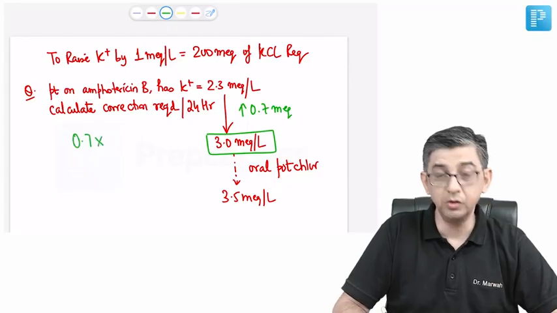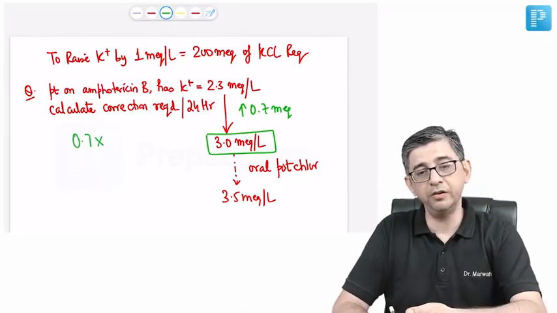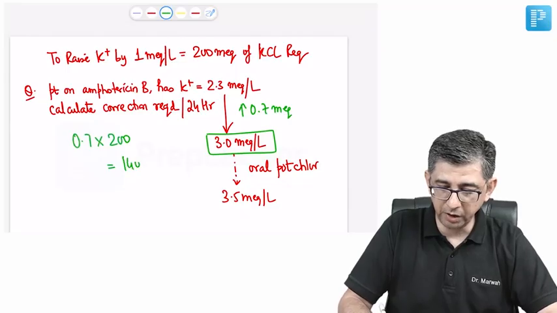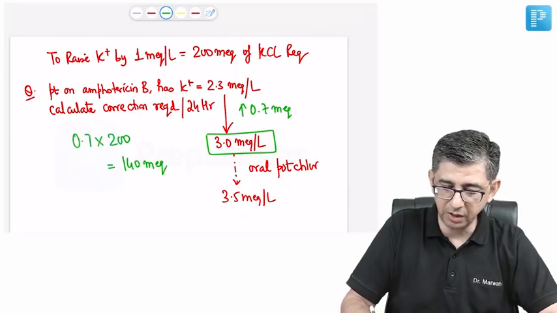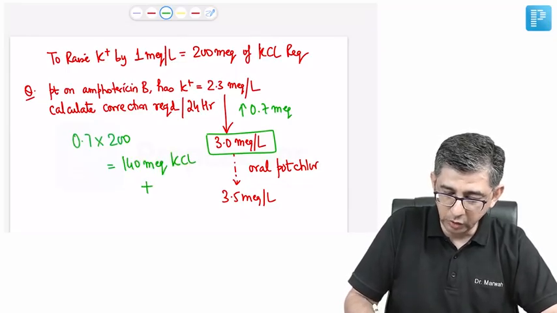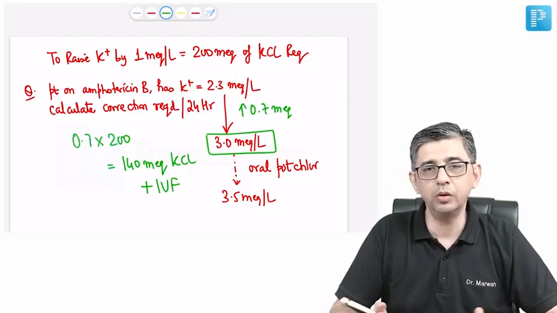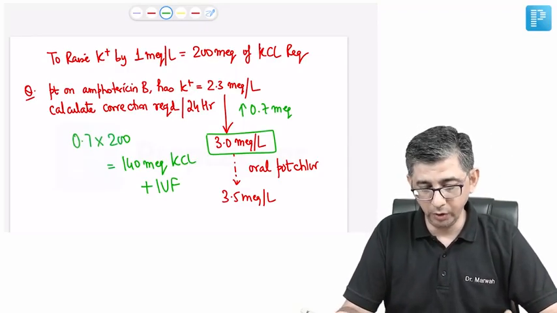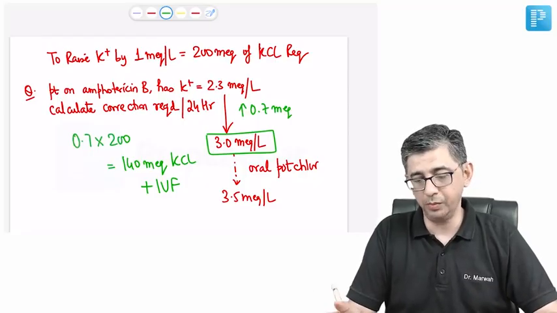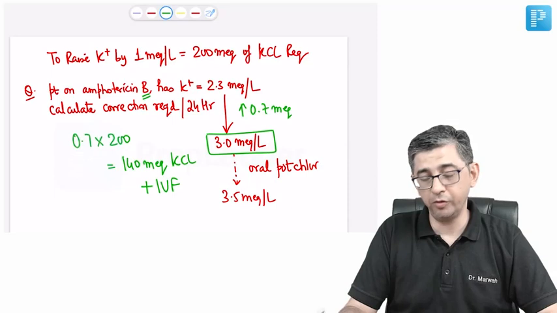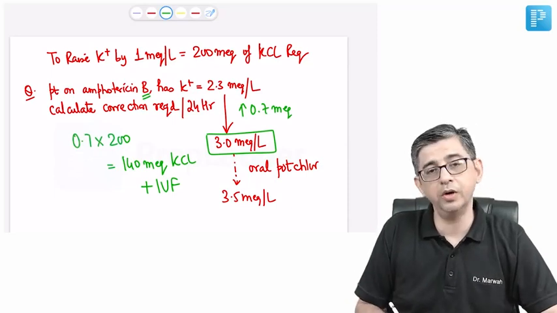The increment required is not 1, it is 0.7. I'll just multiply this by 200 and I would be getting 140 milliequivalents of KCl, which are to be added to the IV fluid. Obviously, potassium is never given directly. It is to be added to the bottle of IV fluid, and over 24 hours, the patient will be relatively better. Amphotericin B is a nephrotoxic drug, and it's associated with hypokalemia.